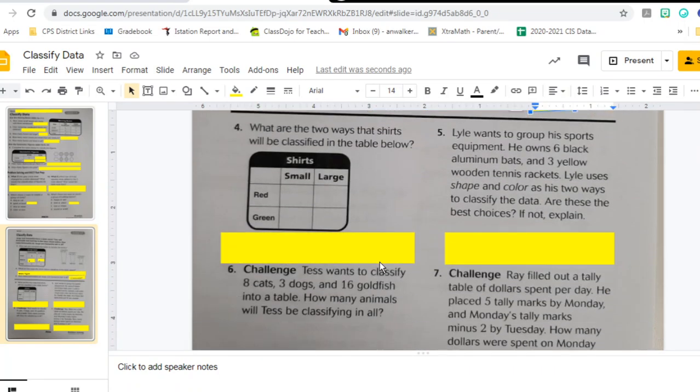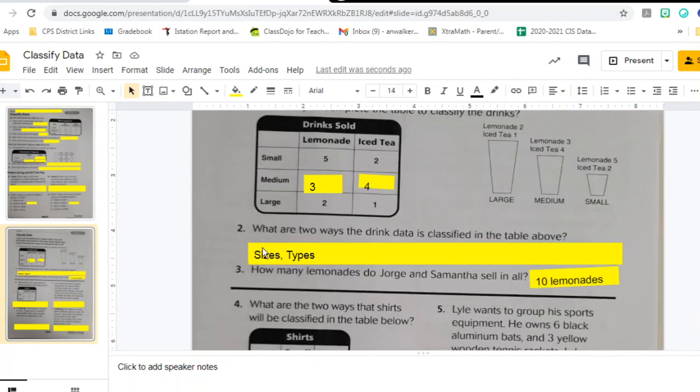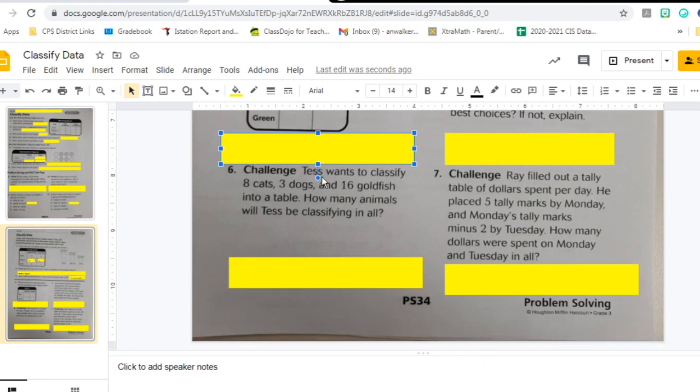All right. What are the 2 ways that the shirts below will be classified in the table? If I look at the title, shirts, I know I'm talking about shirts, and I'm trying to figure out how they classified them. So red and green. Red and green are both, let's flip that around.